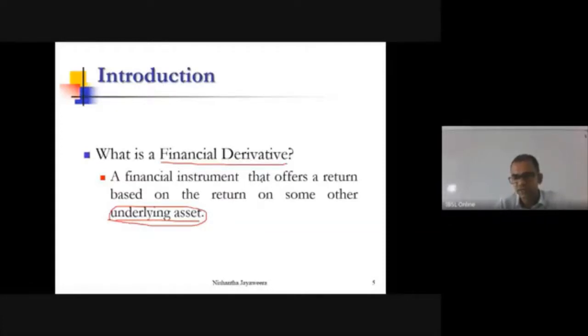Therefore, the forward price is derived using some other financial products or instruments, interest rates and the spot exchange rates. Therefore, the FX forward is a derivative product. It's a very simple derivative product. The return of the forward contract definitely will depend on the interest rate movement and the movement in the spot rates. So that's a very simple derivative product.